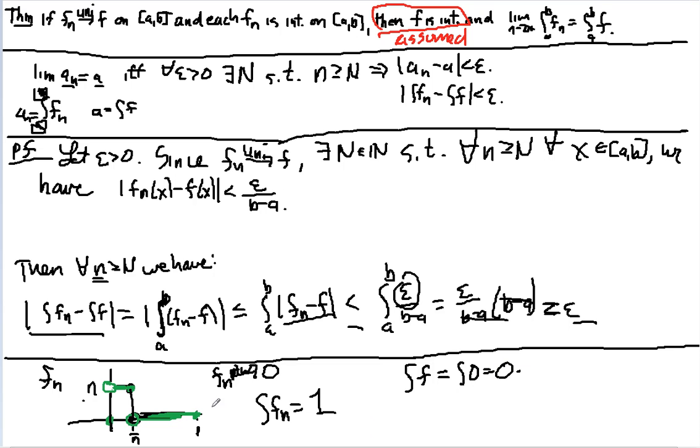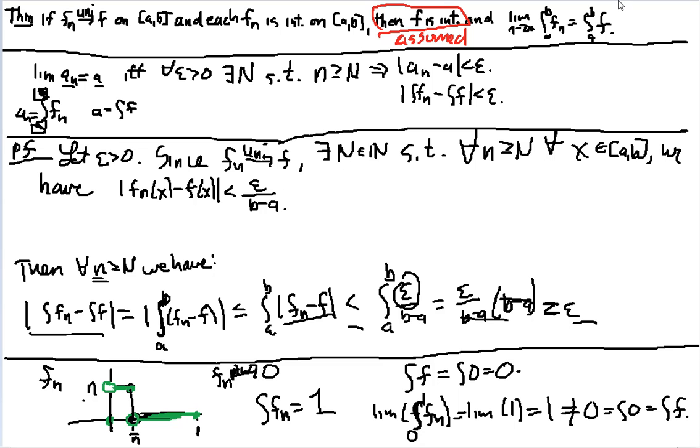So if you take the limit of the integral from 0 to 1 of f sub n, that's just equal to the limit of the sequence 1, which is clearly 1, which is not equal to 0, which equals the integral of 0, which equals the integral of f.